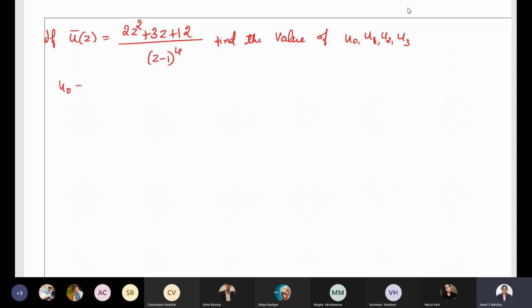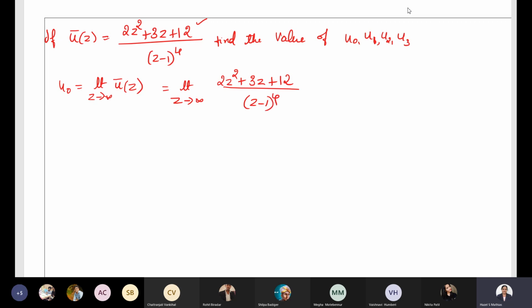What is U0? U0 is very simple. It is the limit as Z tends to infinity of U bar of Z. This is a formula you need to remember. Here U bar of Z is (2Z square plus 3Z plus 12) divided by (Z minus 1) whole power 4.